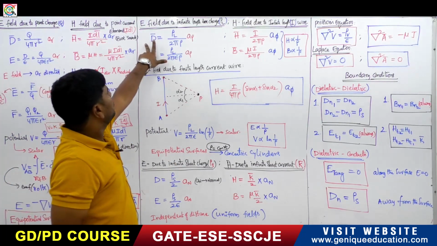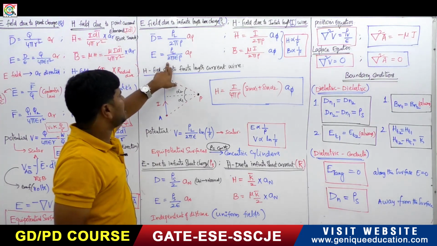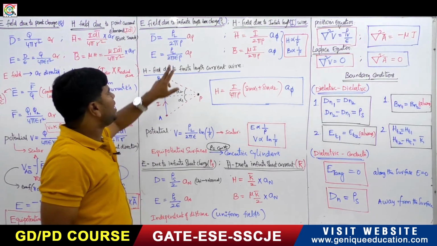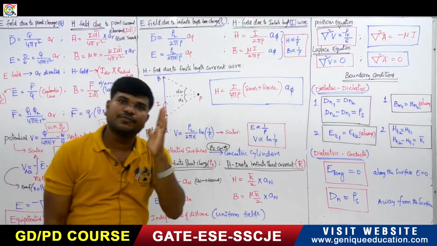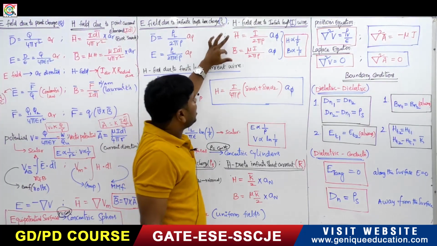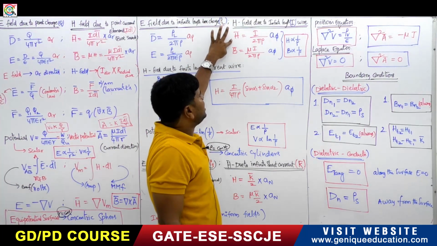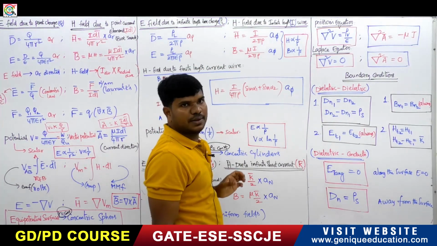So from this what we can write? Electric field intensity is equal to D by epsilon, so I can write rho L divided by 2 pi epsilon rho arrow. Always remember the electric field intensity and electric flux density are in the same direction. Here also the magnetic field intensity and magnetic flux density are in the same direction, but here one mu is multiplied.